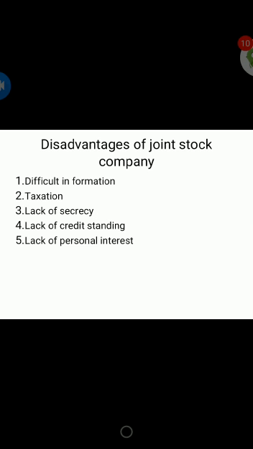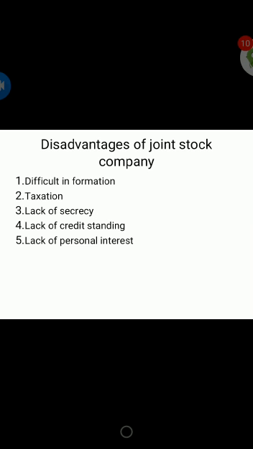Then the next is taxation. The income of the company is duly taxed. First, the profit earned by the company, and second, the dividend earned by the shareholders.